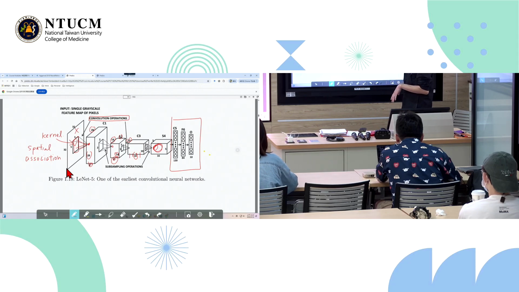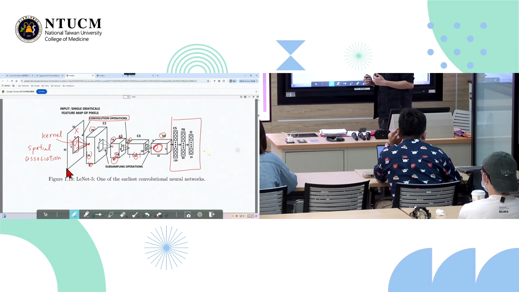You can take the S4 as, for example, your excitatory layer, and let's make this the input.